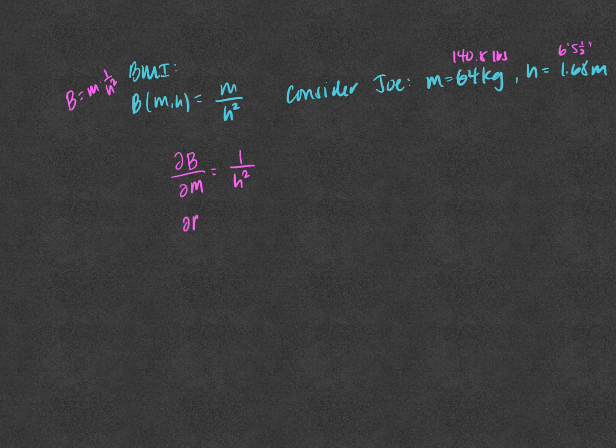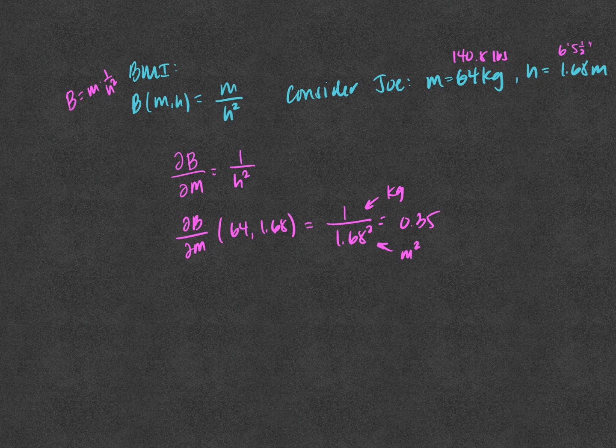Let's use the numbers we were given for Joe. So we have 64, 1.68 meters. And when we plug this in, we get 1 over 1.68 squared, which is 0.035. So what this says is think about the labels here. The label for the top was mass, so this is kilograms, and this is height, which is meters squared.